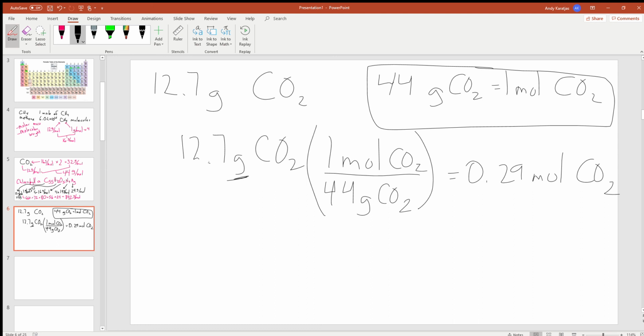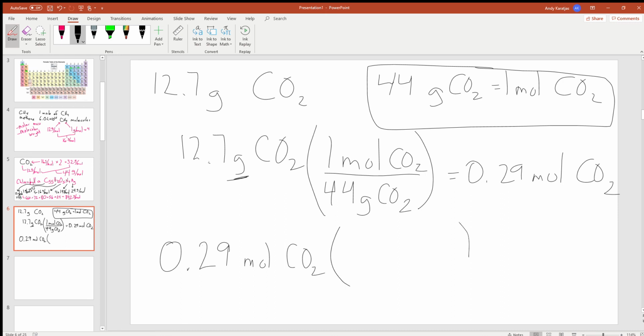Now, what if I wanted to know how many molecules of carbon dioxide that was? Well, once I know the number of moles, that becomes a relatively straightforward calculation. So if I have 0.29 moles, and here it's carbon dioxide, but it wouldn't matter if this was carbon dioxide, water, hydrogen, chlorophyll. If I know the number of moles, I can find the number of molecules.